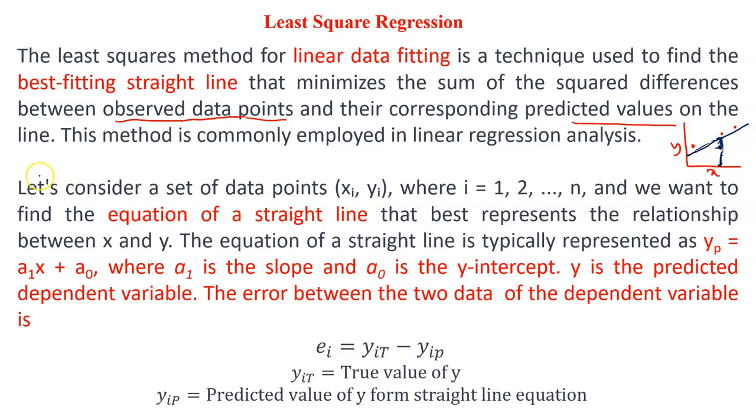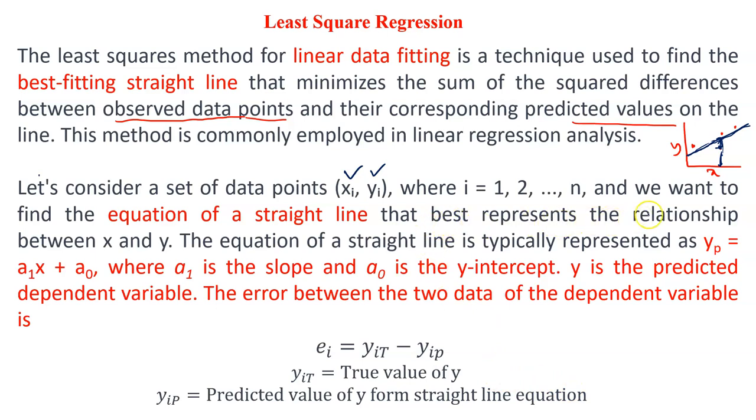Now how do we get that straight line? Let's consider a set of data points, x and y, that are given. That is the observed data or sample data, where i is equal to 1 to n, and we want to find the equation of the straight line that best represents the relationship between x and y.